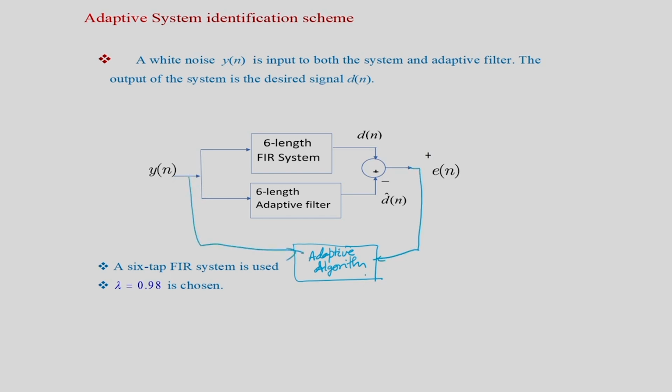The adaptive filter will be operating, and the filter coefficients that are estimated are fed here. These filter coefficients are used to filter this signal, and if there is error, this error is again used to update the filter parameters. So this is the system identification setup we are using. Here this 6-length adaptive filter will model the 6-length FIR system.